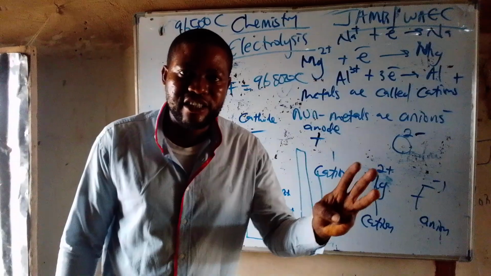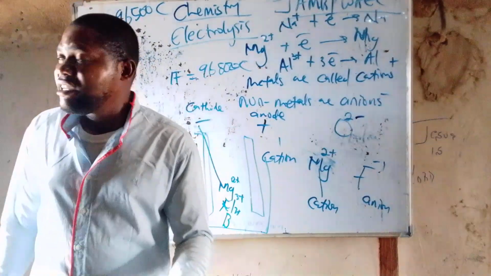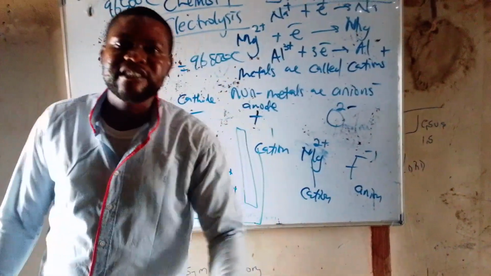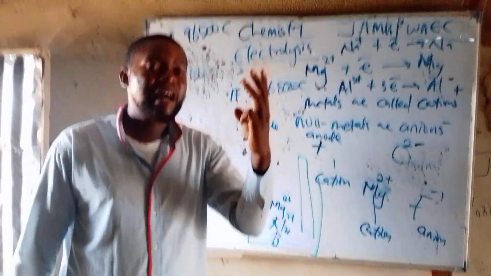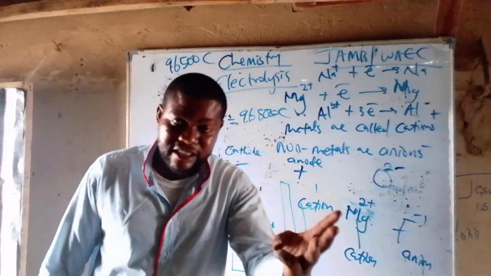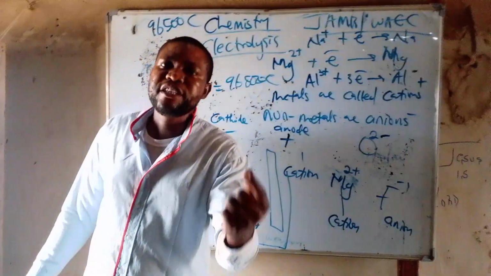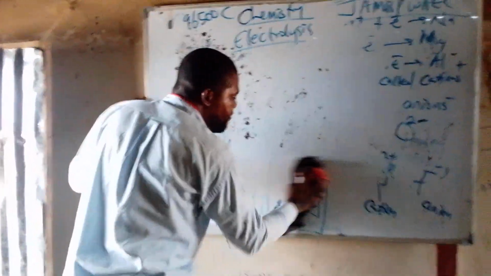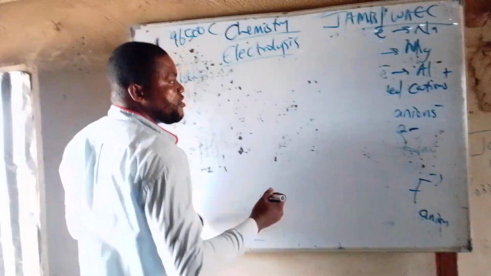Number 1 we have catalyst. 2 we have concentration. 3 we have the position of the metals on the electrochemical series. Now look at this, very important. Let's look at the position of the metals on the series.